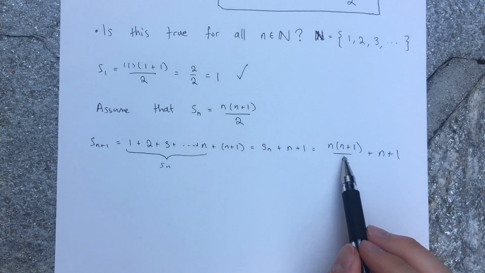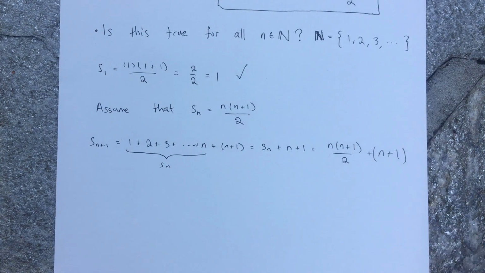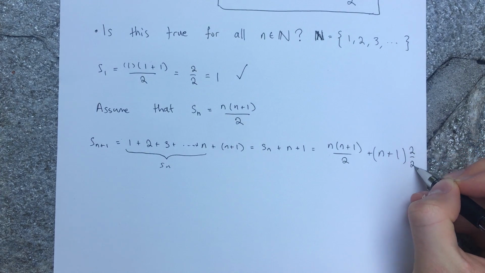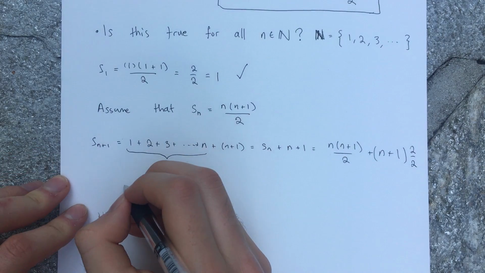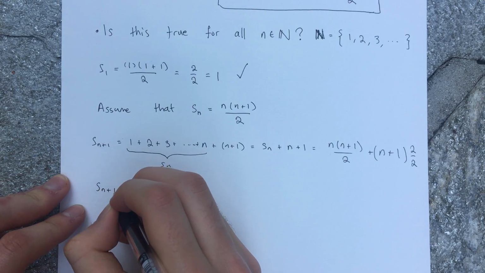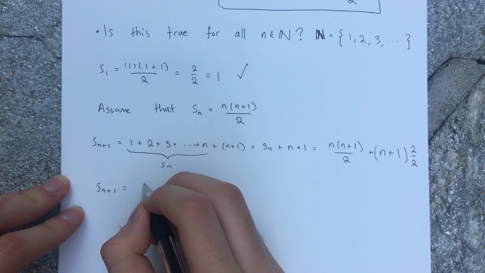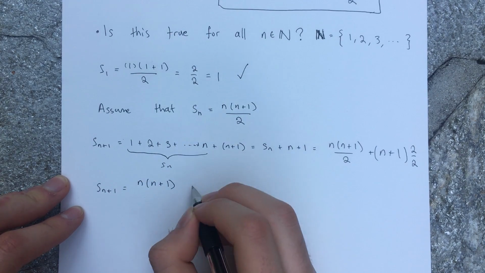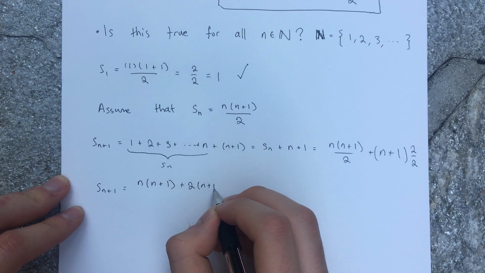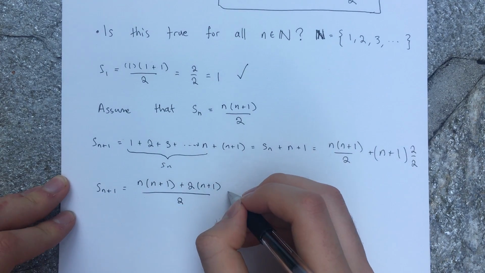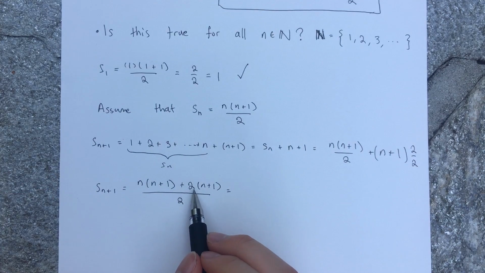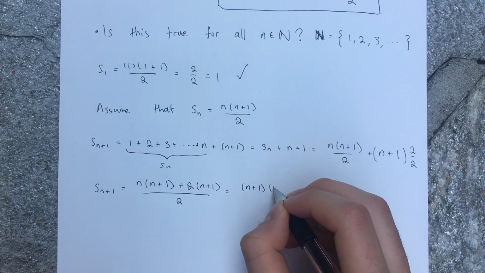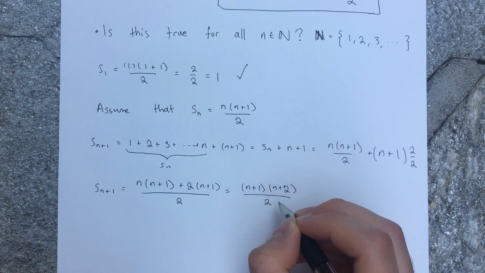And now let's combine this into one fraction. So I'm going to multiply this by 1, which is the same as 2 over 2. And if we rewrite this, we'll get n times n plus 1 plus 2 times n plus 1 over 2. And this is the same. If we factor out this n plus 1, we can get n plus 1 times n plus 2 over 2.